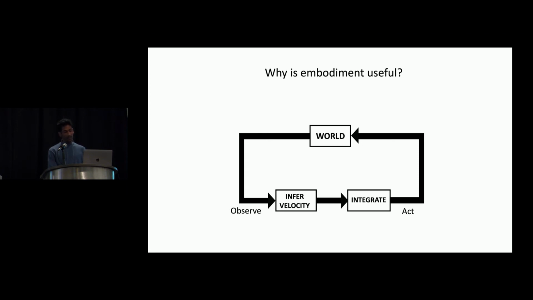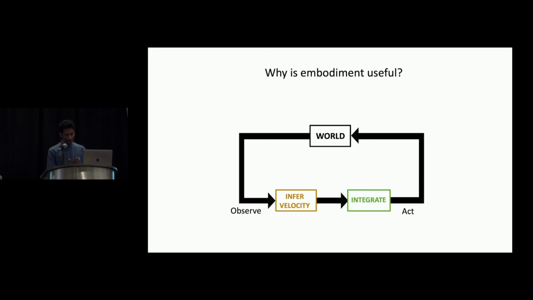Then the estimated velocity needs to be integrated over time to estimate position. And the position estimate can be used to guide future actions. Now, in principle, eye movements might be helping out with either of these. There's some theoretical work that argues that looking where you go is actually helpful in parsing the pattern of optic flow to infer velocity, so that's one possibility.